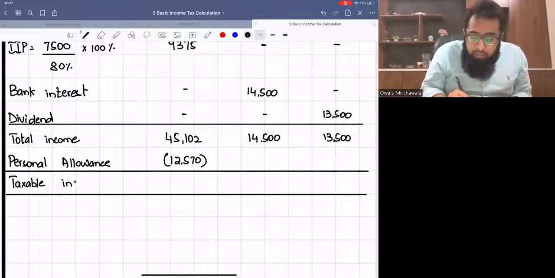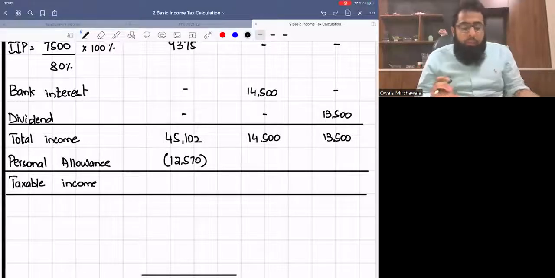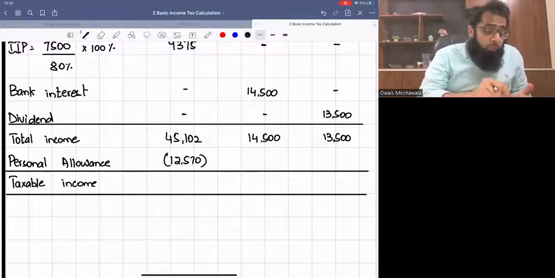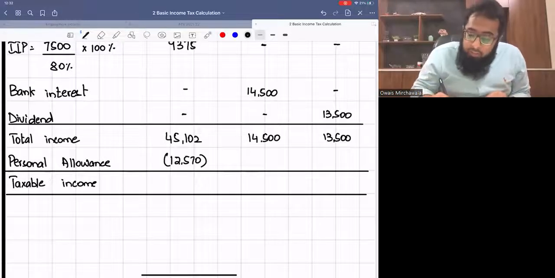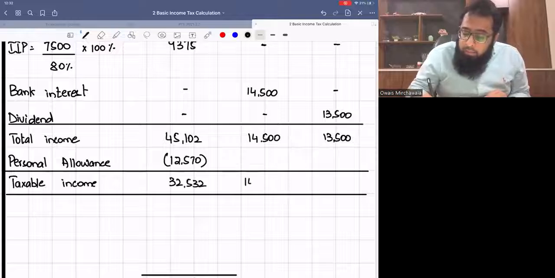Now our taxable income will be 45,102 minus 12570. So it is 32532. This is 14,500 and this is 13,500.